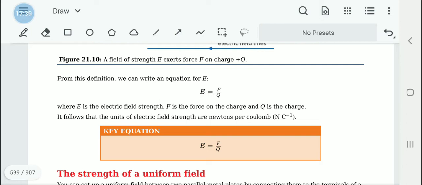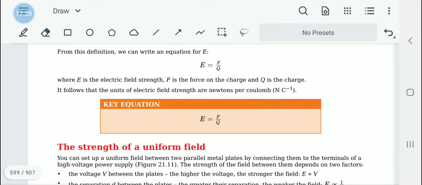From the definition, we can obtain the equation E equals F upon Q. Then from that you can get equations for Q and F both. F is equal to EQ, Q is equal to F upon E. Right? So if you remember E equals F upon Q, then you will understand the rest of it.